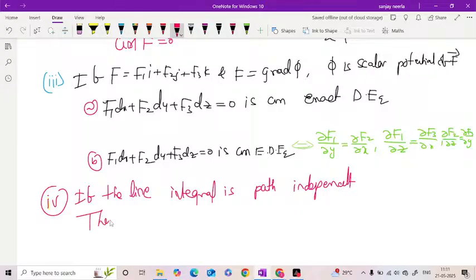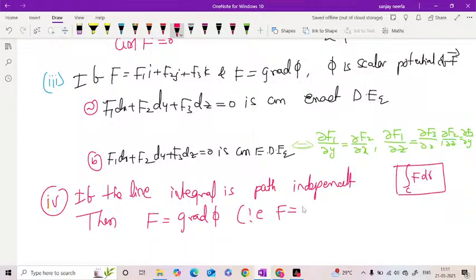Then definitely F must be equal to the gradient of phi, and phi is the scalar potential field if the path is independent.